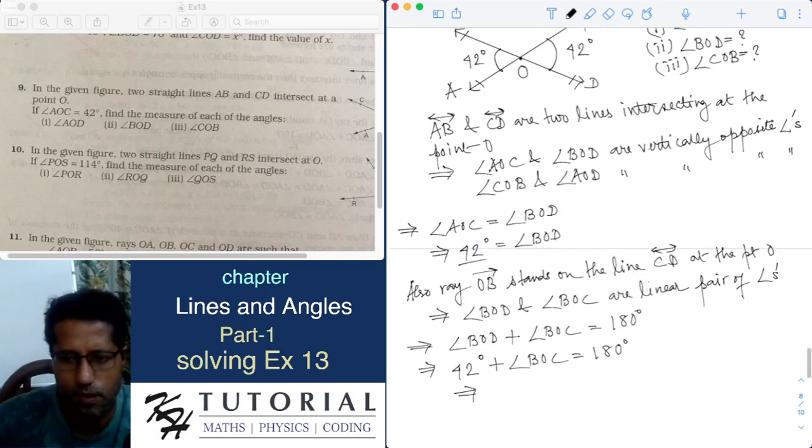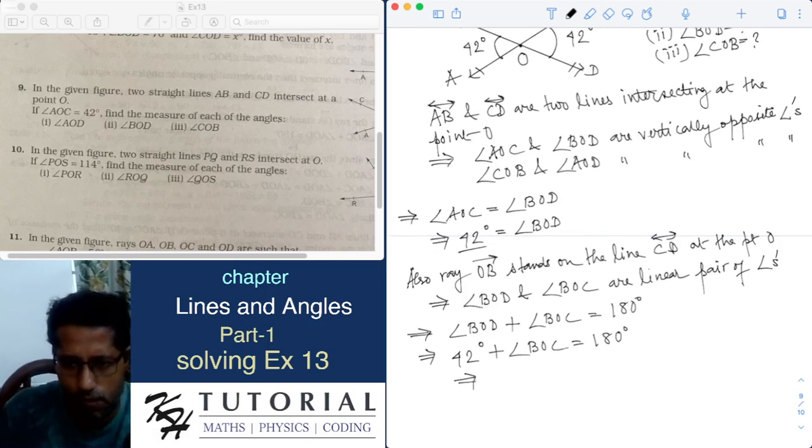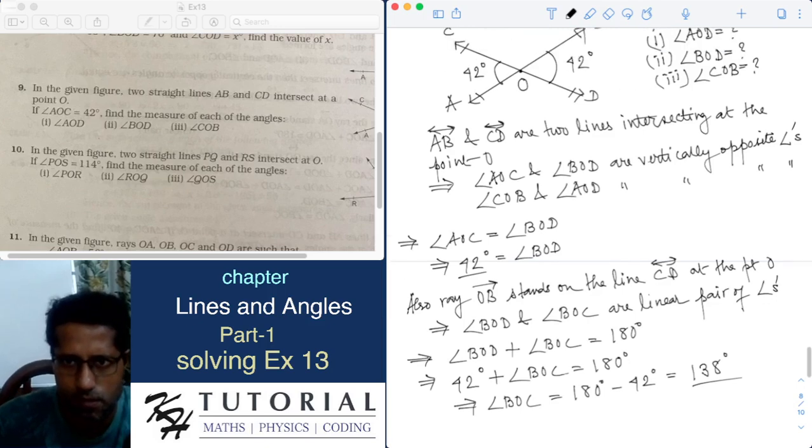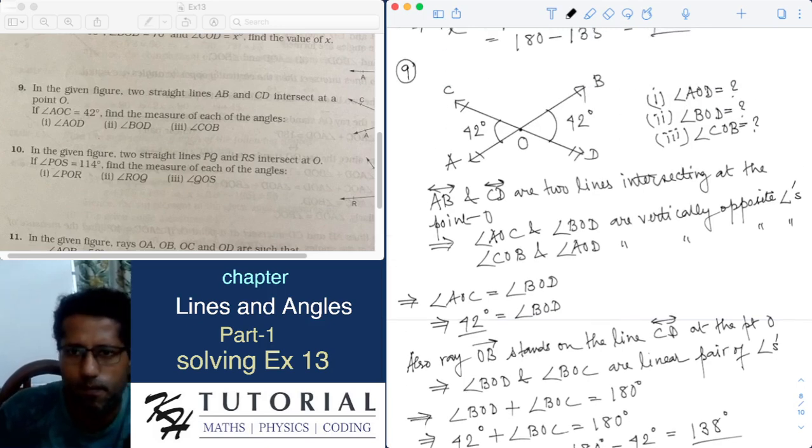Therefore angle BOC is equal to 180 degree minus 42 degree, which is 138 degree.